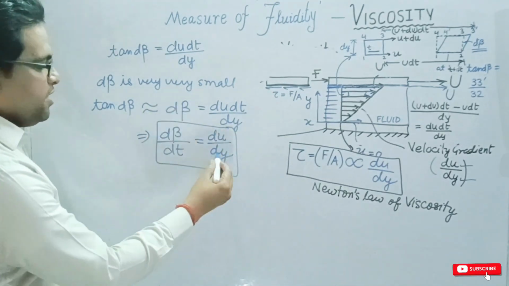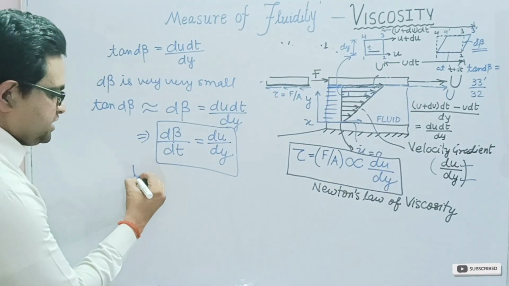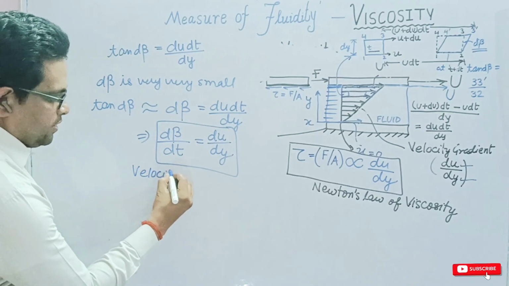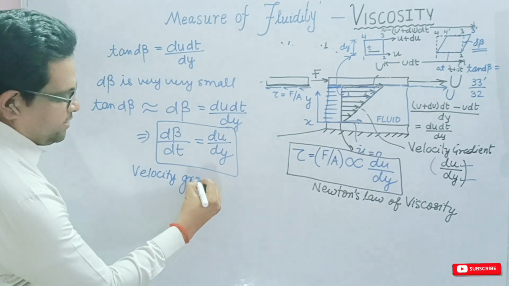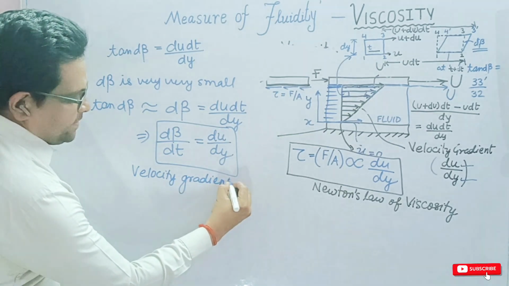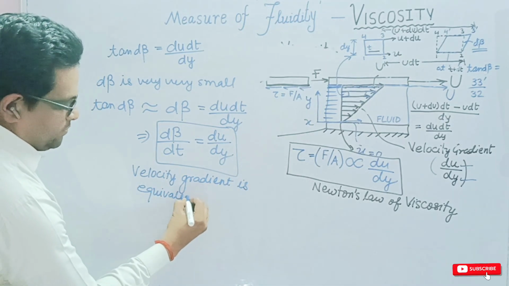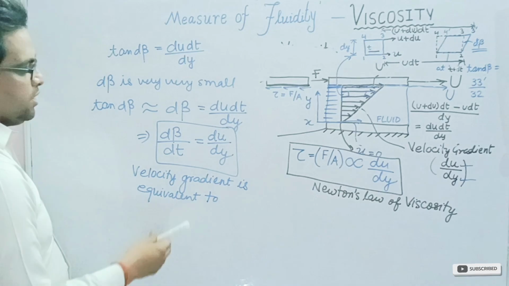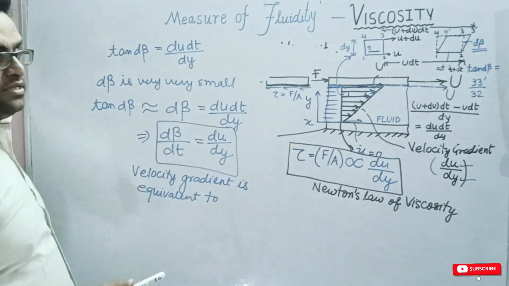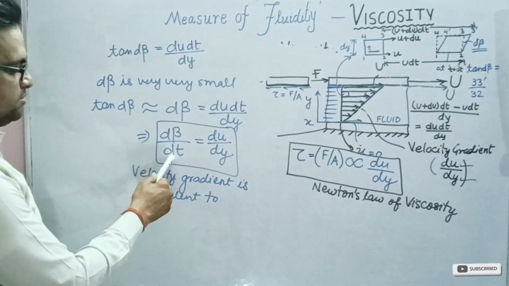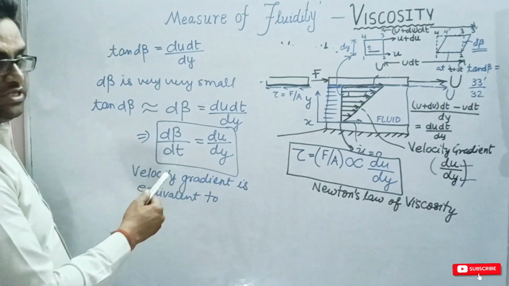What we have got here is that the velocity gradient is equivalent to d beta upon dt. Now what is this? d beta is the angular deformation, and here we have dt, which is time.